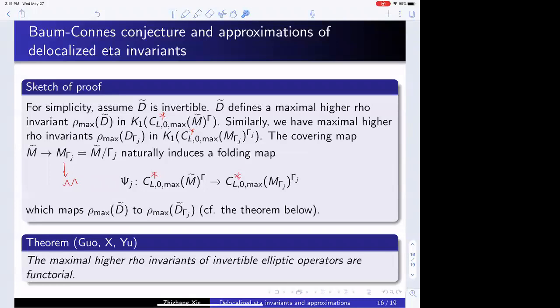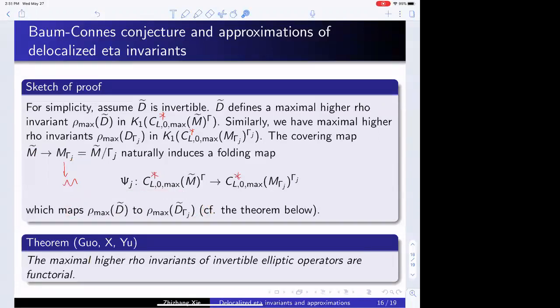But in this secondary invariant setting, it's still true that it maps the maximal higher rho invariant on the big cover to the higher rho invariant for the cover downstairs. The details can be found in our recent paper with Hao Guo and Guo Liangyu.